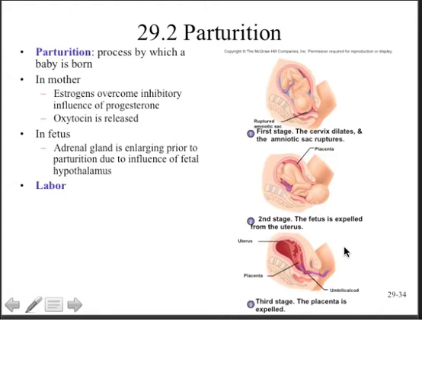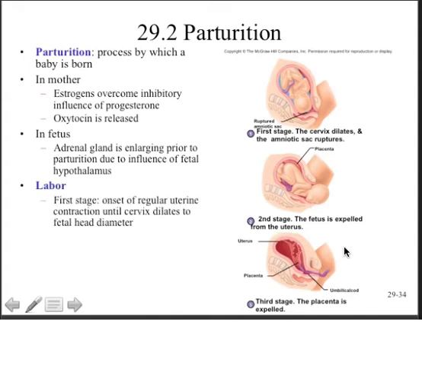Remember that the hypothalamus has a direct impact on the pituitary gland, causing it to release adrenocorticotropic hormone, which will in turn target the adrenal cortex, resulting in the release of corticosteroids. And it's these corticosteroids which will change now the sensitivity of the uterus to the inhibitory effects of progesterone.